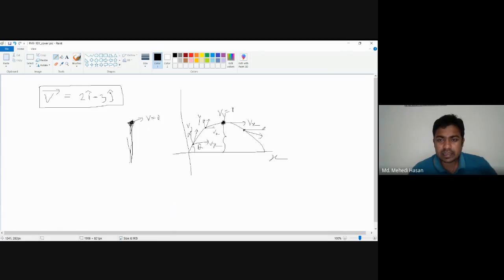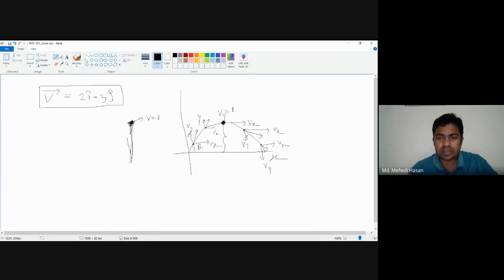From that figure we can say that the velocity before the highest point has a positive y component, and the velocity after the highest point has a negative y component.